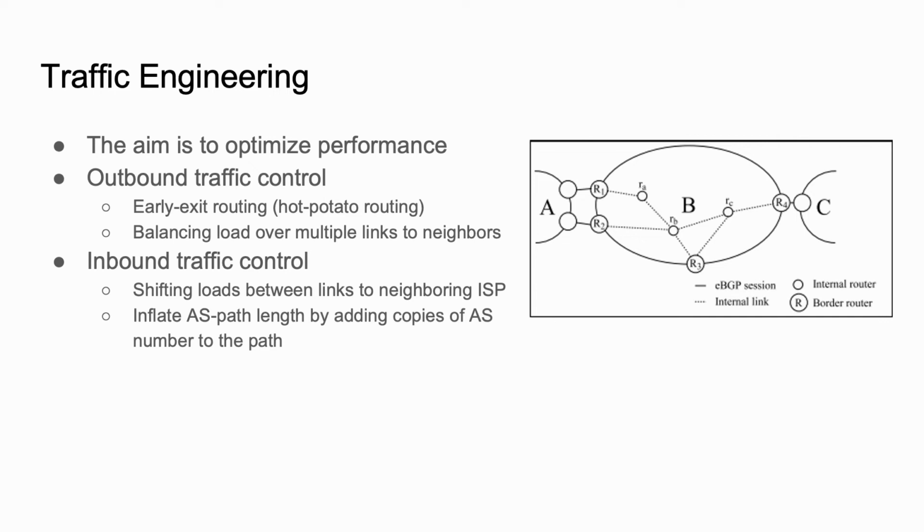Next, we will go over inbound traffic control. Inbound traffic control is responsible for controlling the traffic received from other ISPs over a specific link. The reason why an ISP might want to control the traffic received is to ensure that internal congestion is not worsened. Inbound traffic control can be done by manipulating the route attributes such as the MED attribute or by AS prepending.